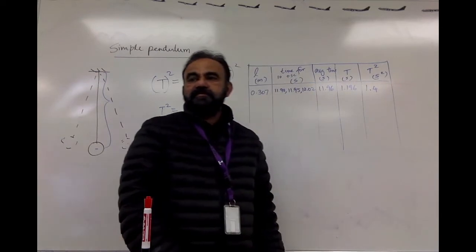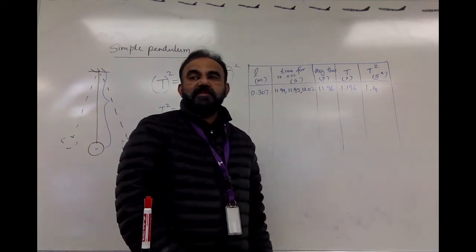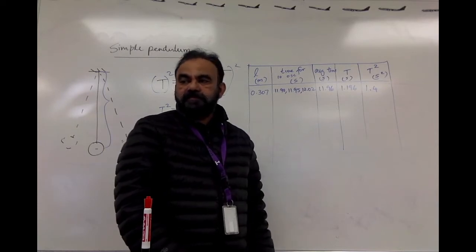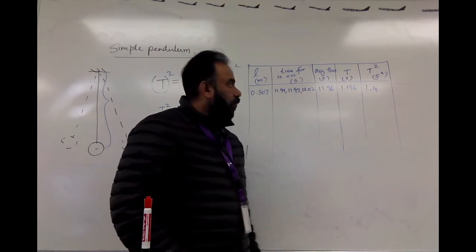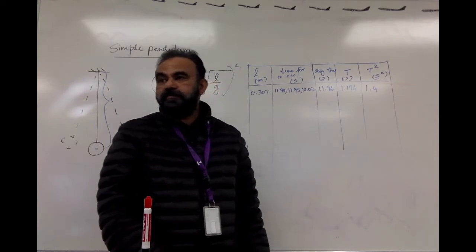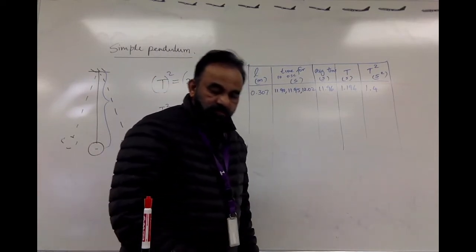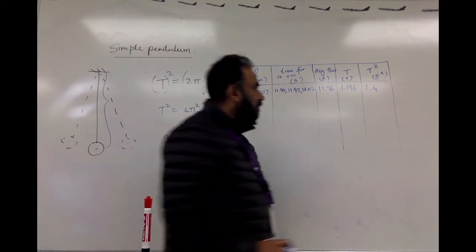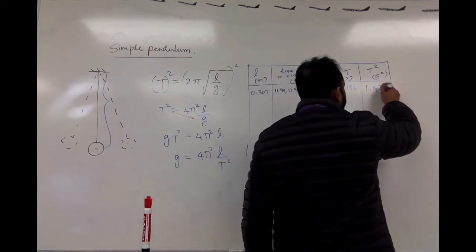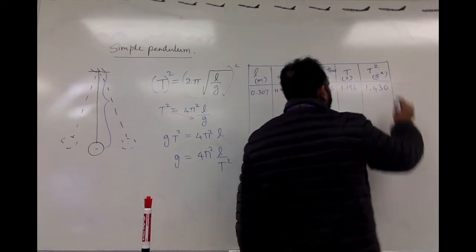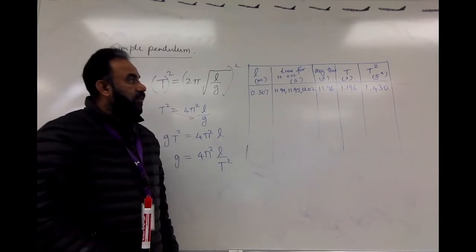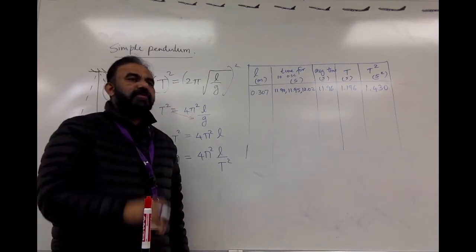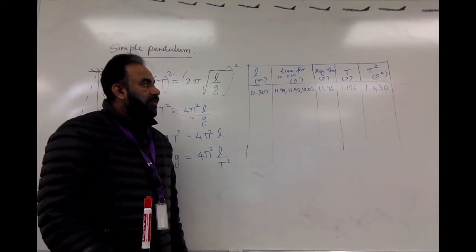Rounded to 4 sig figs, how much is it? 1.430 sounds right. So that is how you write it down. Only 4 sig figs. 1.430.